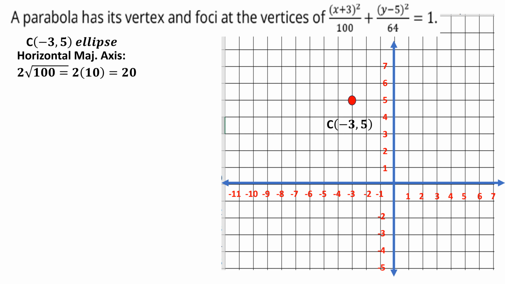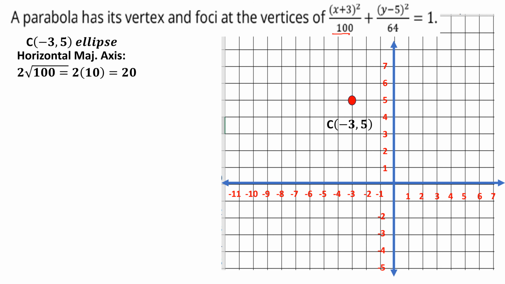And then the next one is, since we will be getting the vertices of the ellipse, we will be getting the length of the horizontal major axis of the ellipse by multiplying 2 to the square root of the denominator of our first fraction.